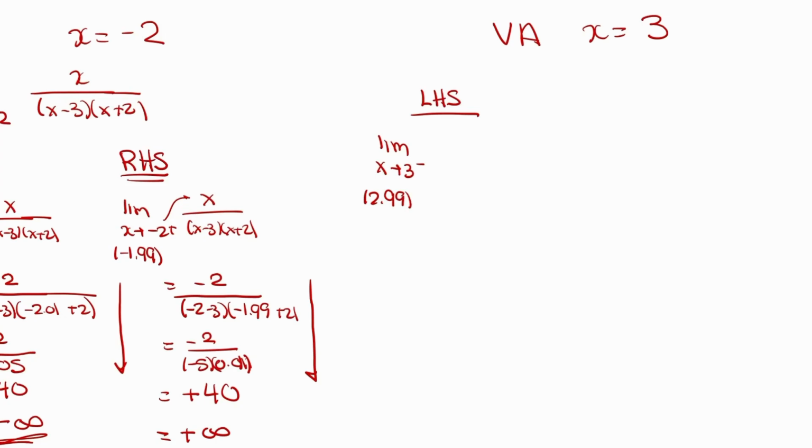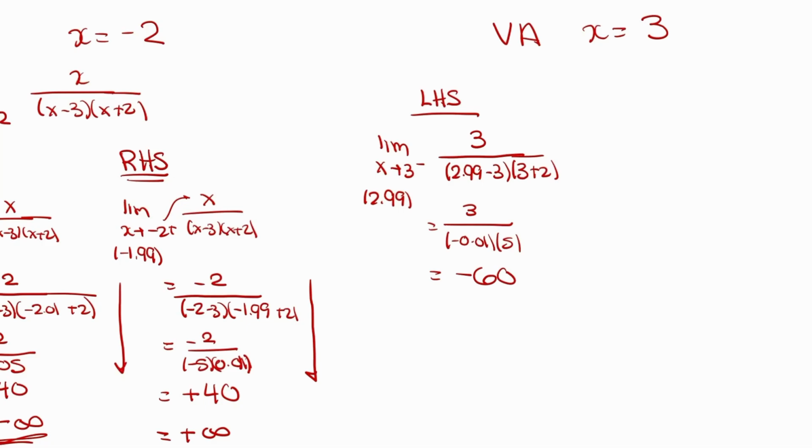That's pretty close. So we have 3 over 2.99 minus 3, 3 plus 2. That gives me 3 over -0.01 times 5, which gives me a value of -60.